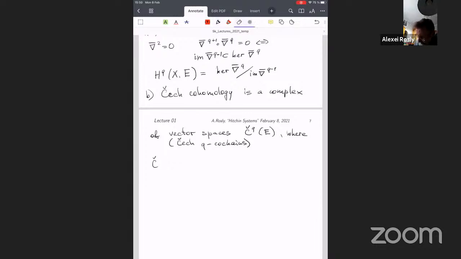First, let me define the zero chains. Wait, I forgot the covering. The Čech complex is defined with respect to a covering. I should have started from it, but now let me somehow repair the situation.